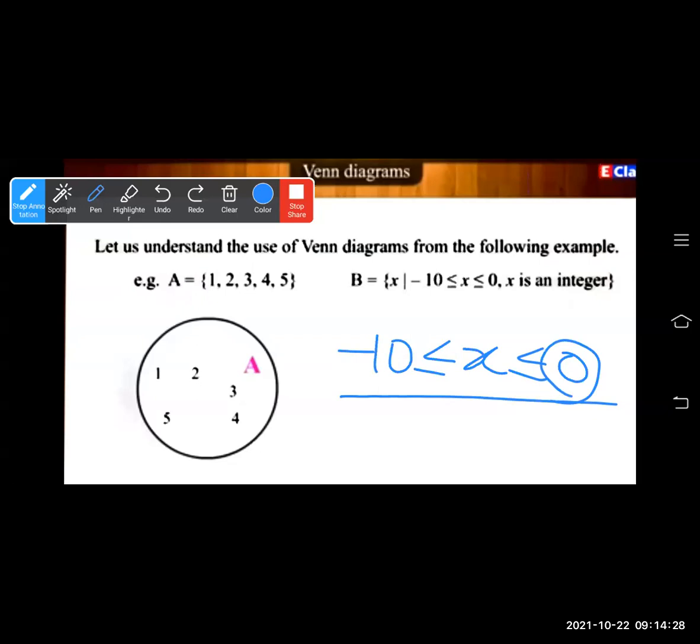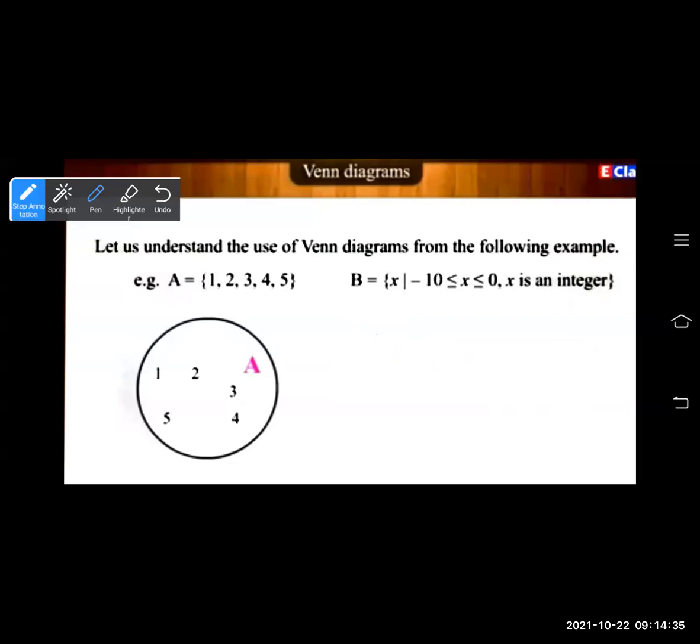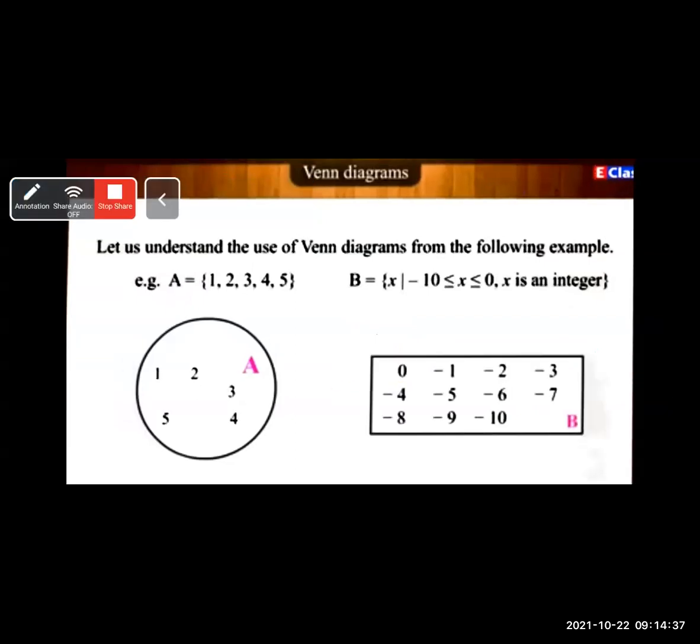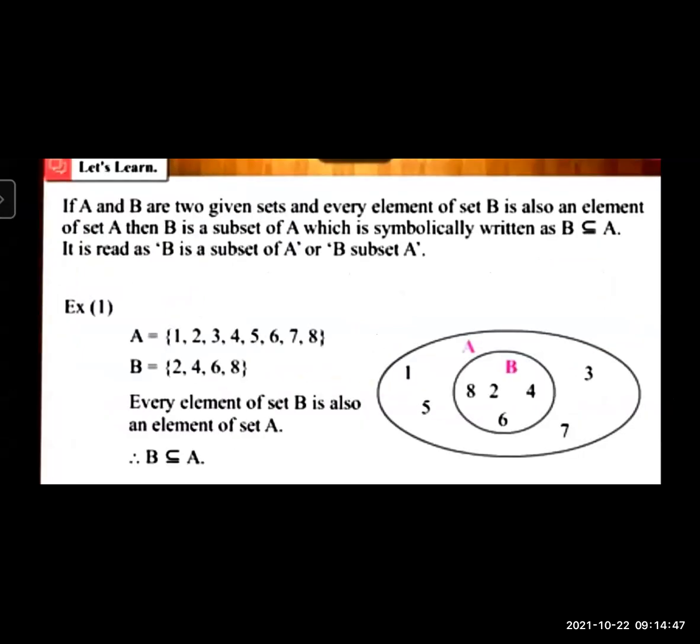Zero is also included. In the Venn diagram, you have to represent it this way. You can take any kind of boxes: a square, an oval, a circle. Any way you can represent your Venn diagram.